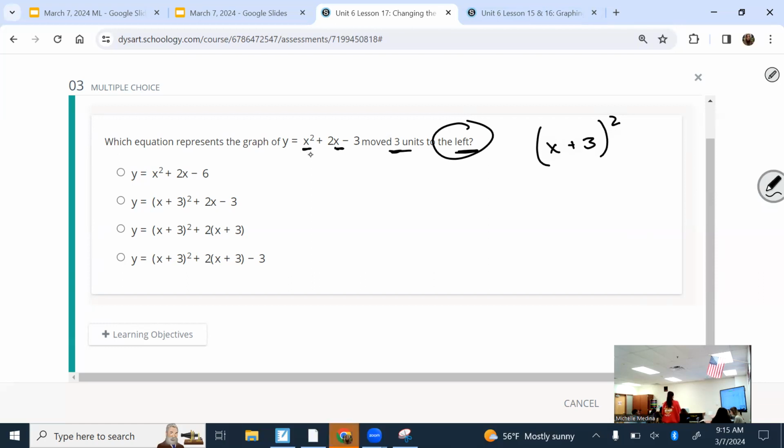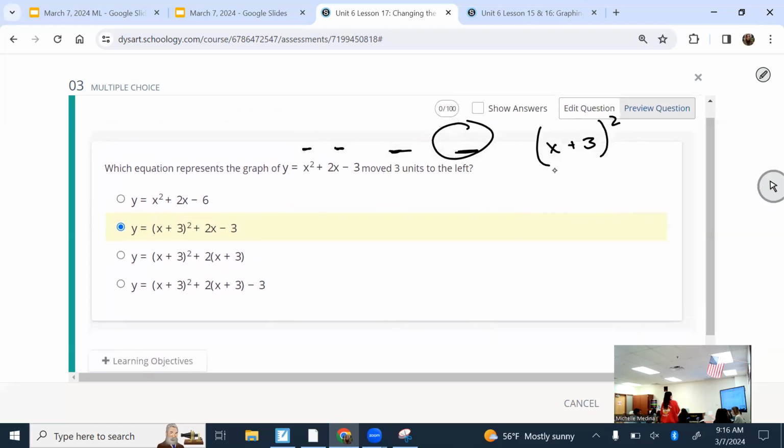I've not really done one like this before. So I think based on what we learned yesterday, adding a number to the x before squaring it would move it to the left. So I would pick this one. So let me see what the answer is. Okay, let me keep thinking. Would I need to do it to all of them? Or should it be this one?